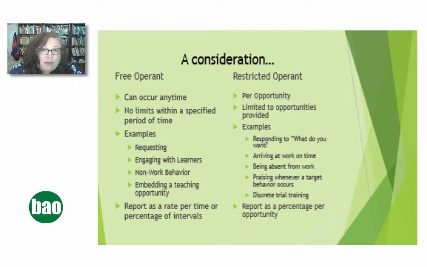So 80% is not really appropriate in that particular situation. What would be appropriate is setting a particular rate. So for instance, you might collect data on the rate of requests per hour.